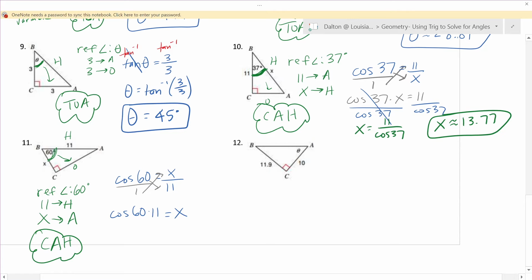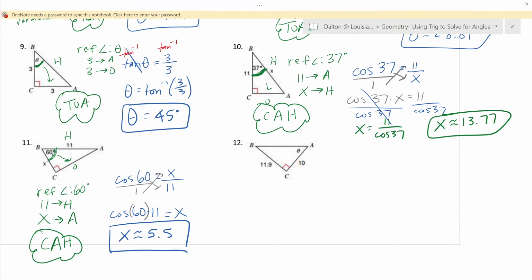I don't need to do anything else. So in your calculator, you just need to make sure when you put cosine, it automatically opens a parenthesis. You need to make sure you close that parenthesis around 60 and then put times 11. And then you should get that x is approximately 5.5.